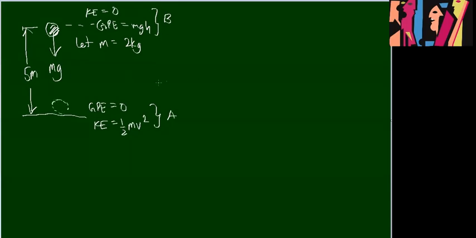Remember, the law of conservation of energy says energy cannot be created or destroyed, it's just converted from one form to another. In particular, the energy before is equal to the energy after. But let's explain what that E is. That E is just the sum of the KE plus the GPE.